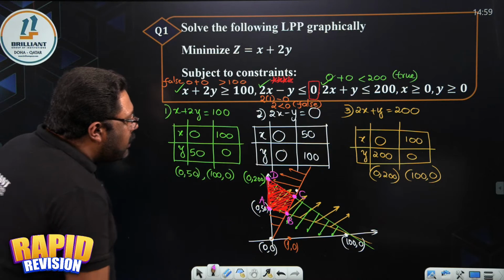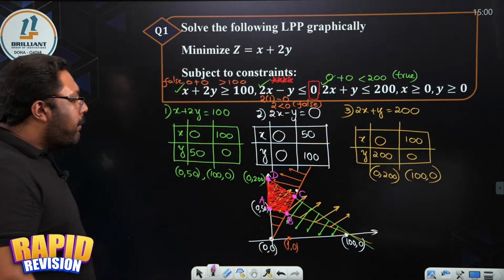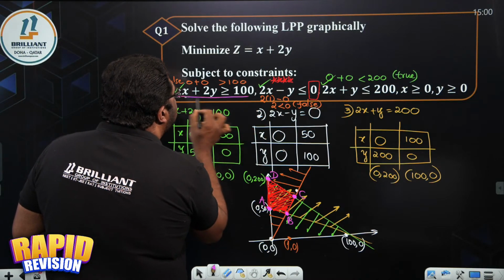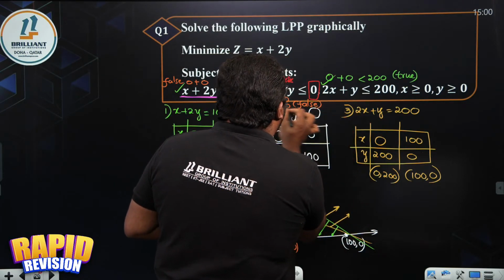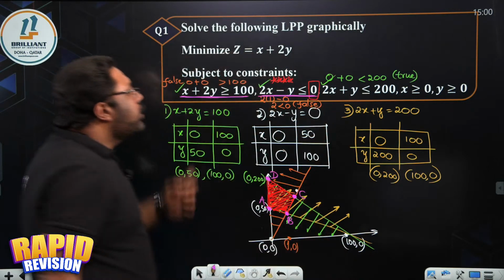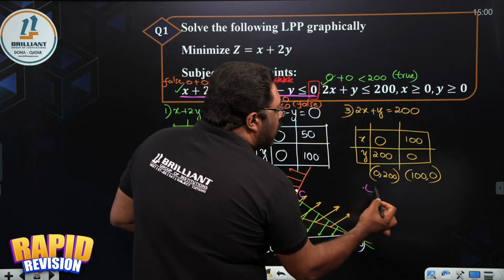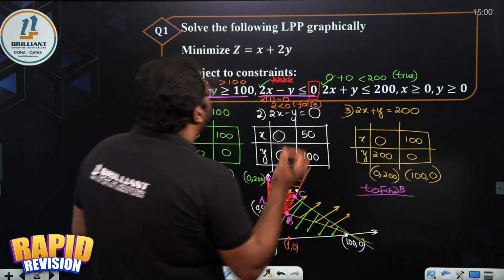B is the point made by the yellow line, which is the first equation, and the orange line, which is the second equation. So solve these 2 equations to get B.